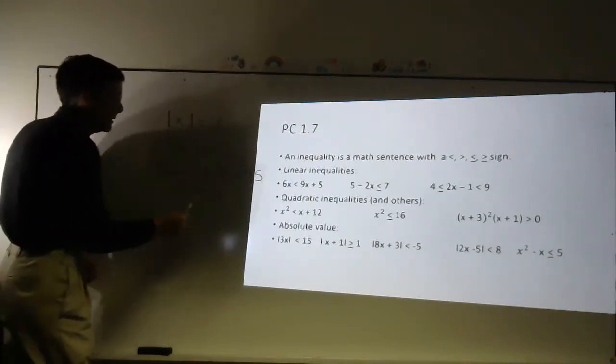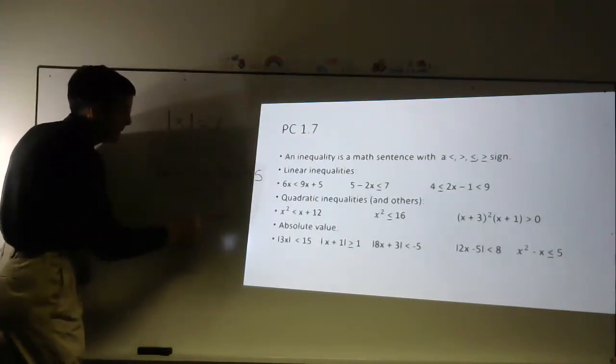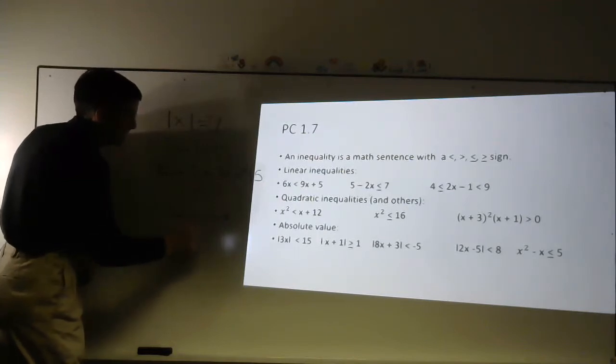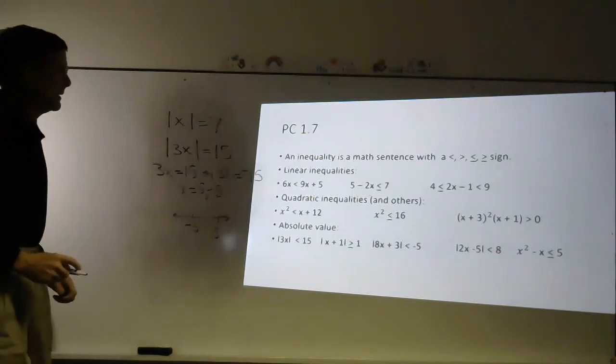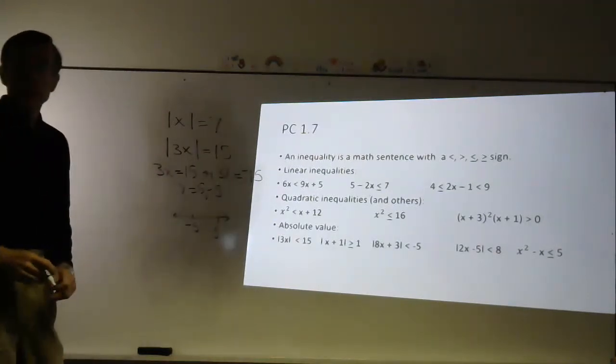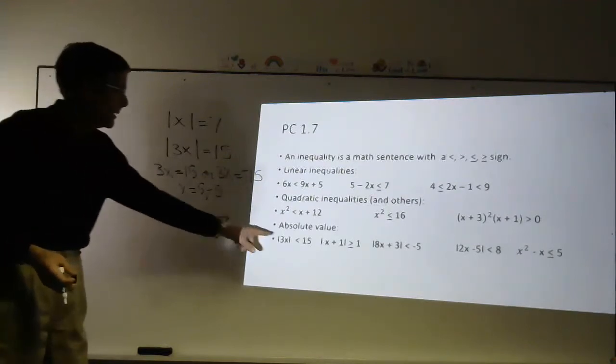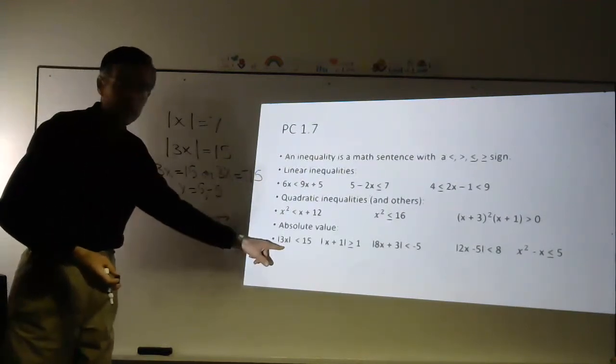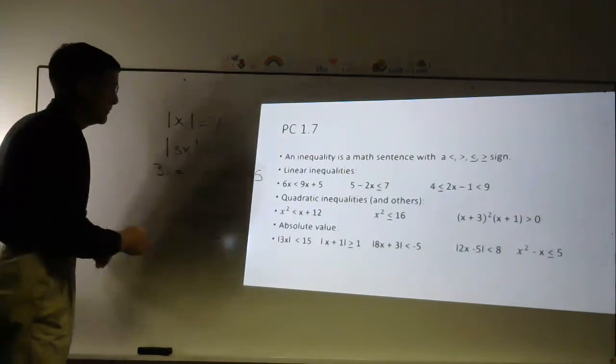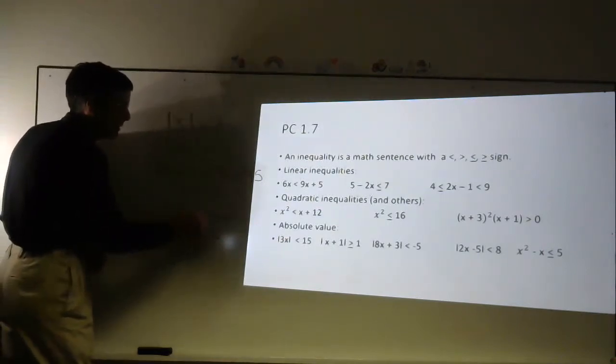All right? Number line, negative 5, 5. I want less than. Figure out where to shade. Try a point. How about 0? 0 in here makes 0. That's smaller than 15. So I shade in here.